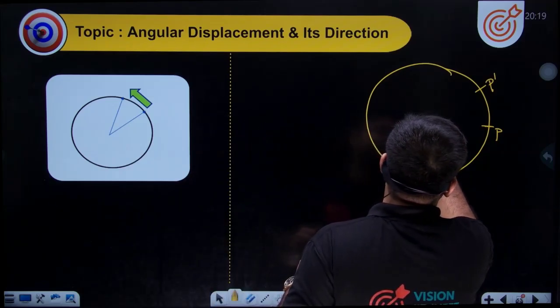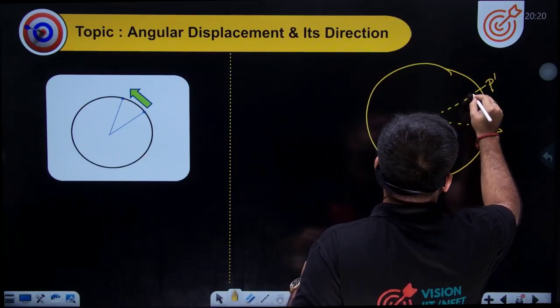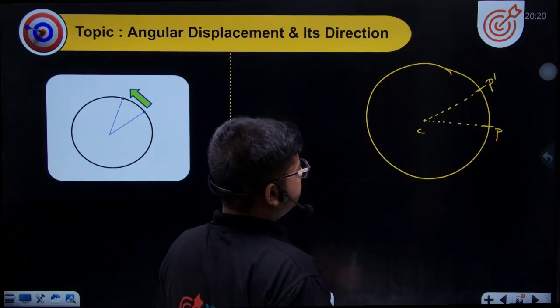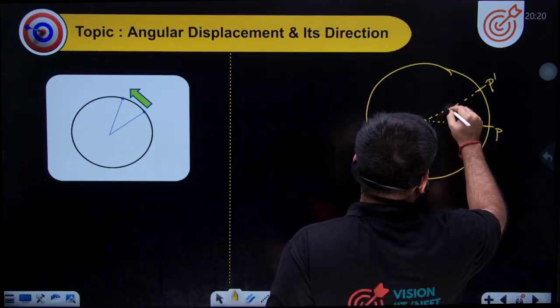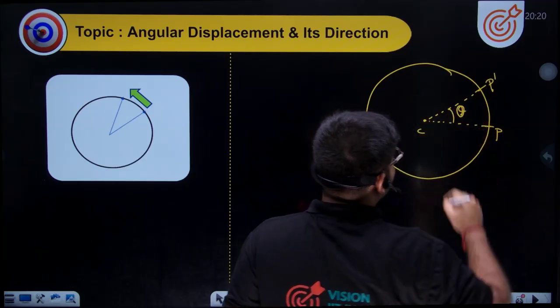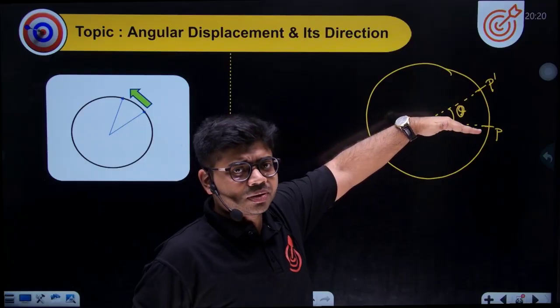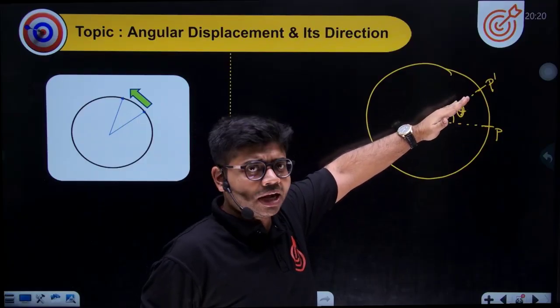So let us understand. Suppose I tell you that this angle is theta. It has moved by an angle of theta.